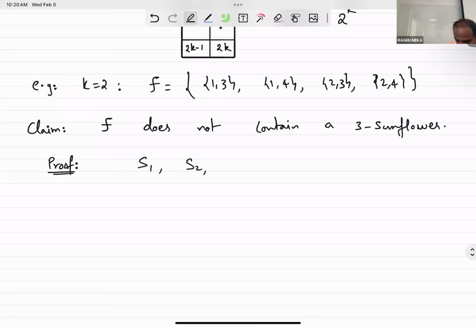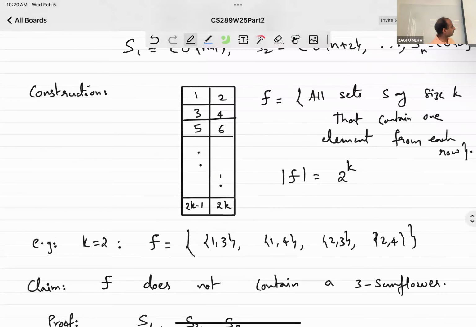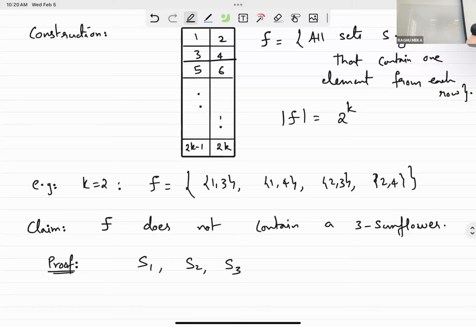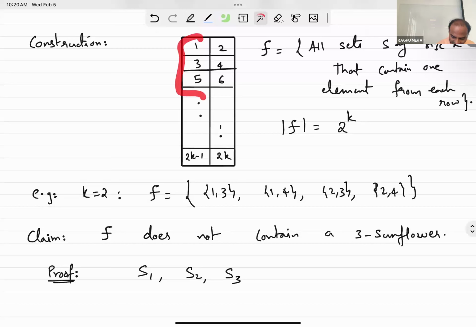Well, intuitively, if I have 3 sets S1 to S3, take any row, one particular row. If they intersect in some element, that means S1 and S2, so let's say I have these 2 things, this is one set, this is one set. Either they're disjoint or they have some overlap, okay?